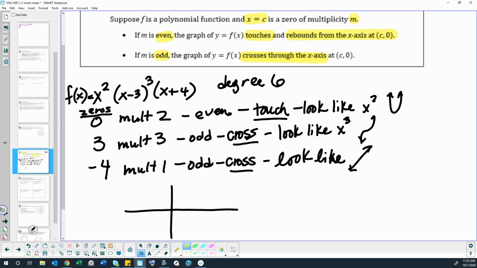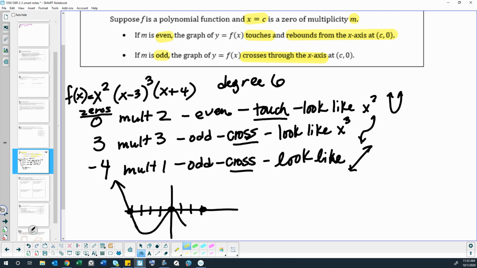So just a rough graph. We have a point at 0, we have a point at 3, we have a point at -4. The ends are up. So remember, at -4, it's just going to go straight through. At 0, it's going to bounce.